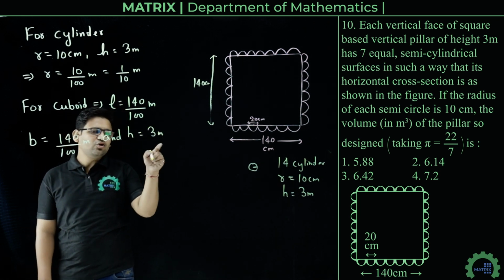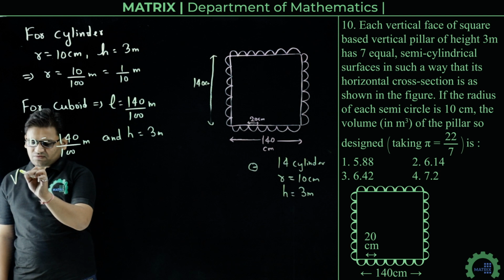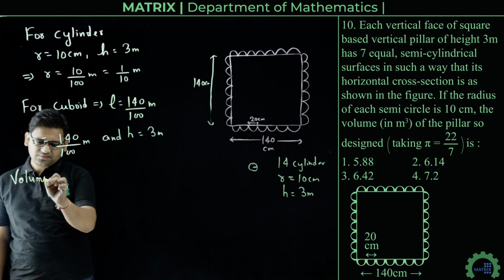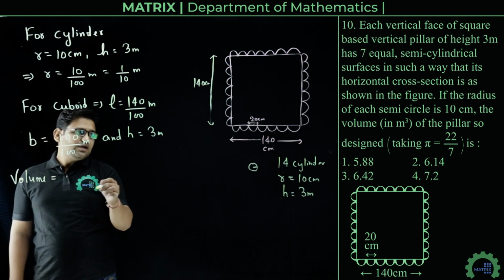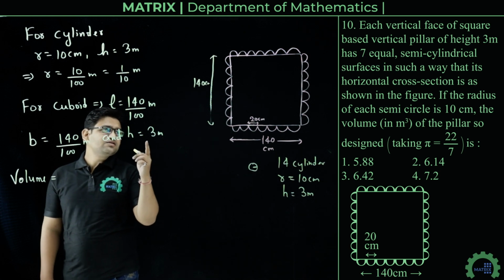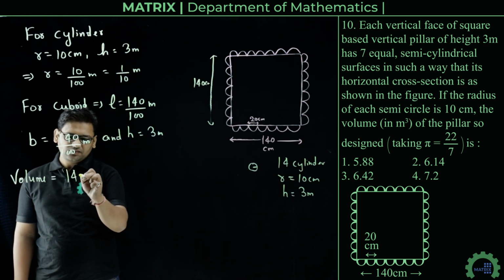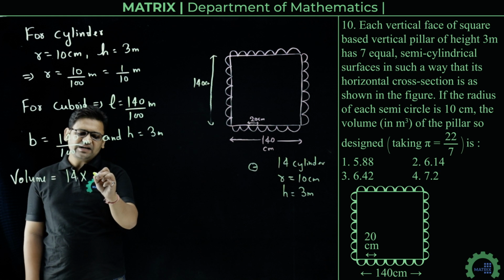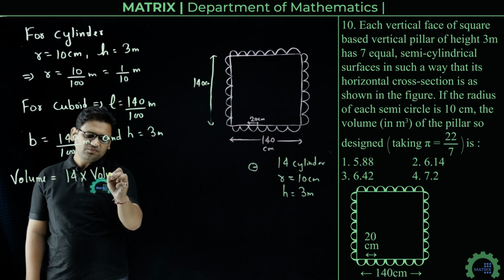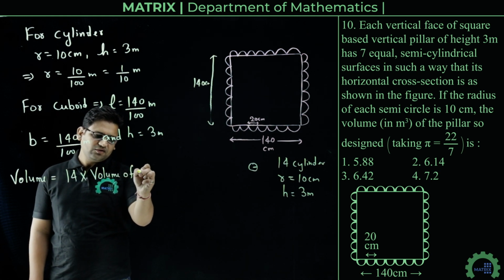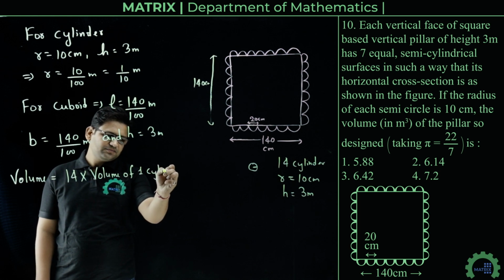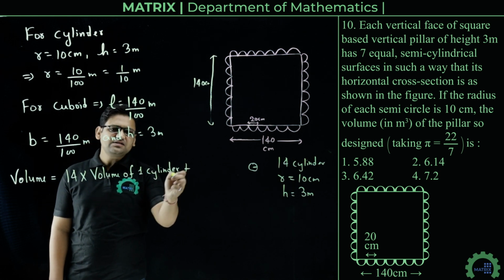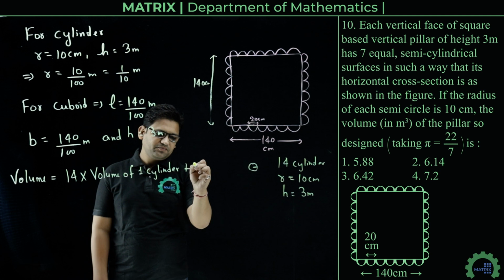And we have to find the volume of this design. So volume of the design is equal to total number of cylinders formed, that is 14, multiplied by volume of one cylinder, plus volume of cuboid.